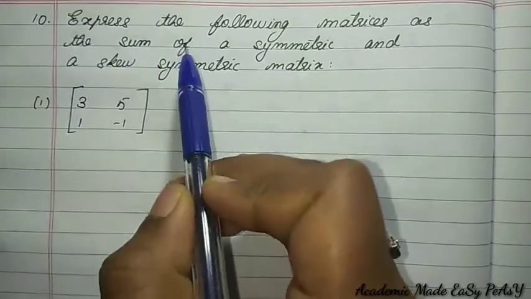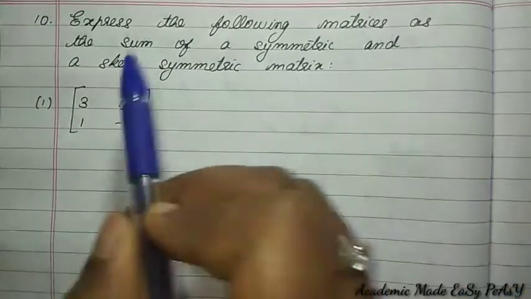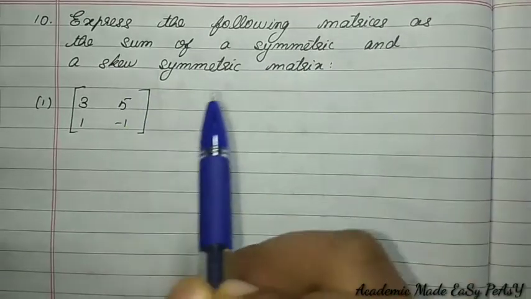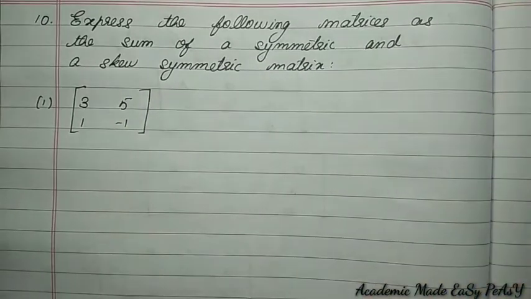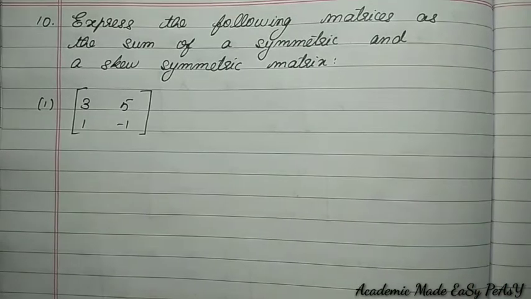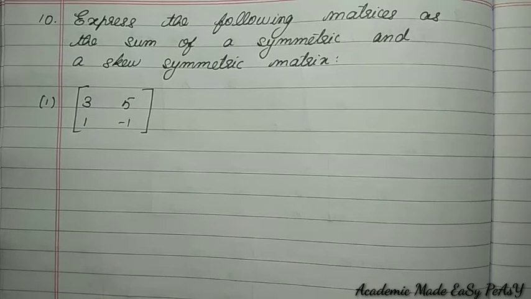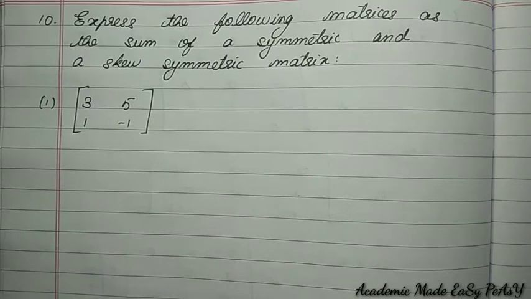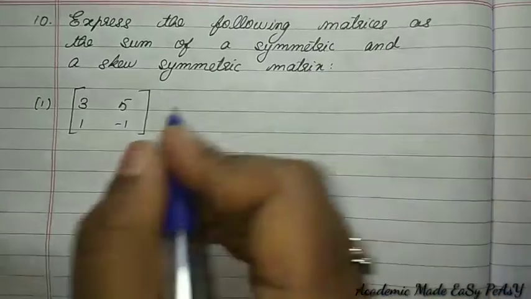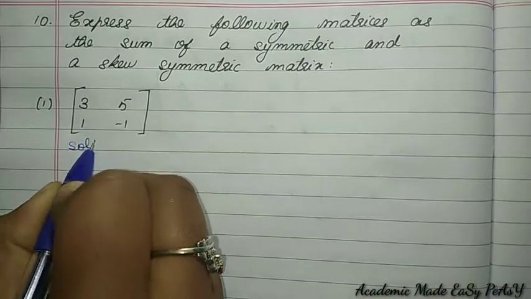Question 10. Express the following matrices as the sum of symmetric and skew symmetric matrix. In the beginning, in the introduction part, I just gave you a gist of this. I just gave you the sum of symmetric matrix alone. I didn't teach you in detail. So now I will teach you in detail, and let's start. Solution.